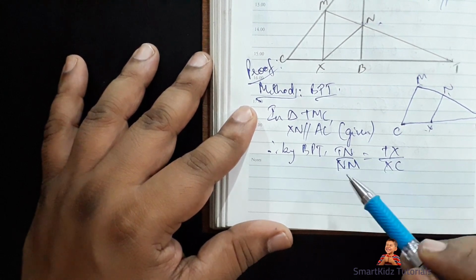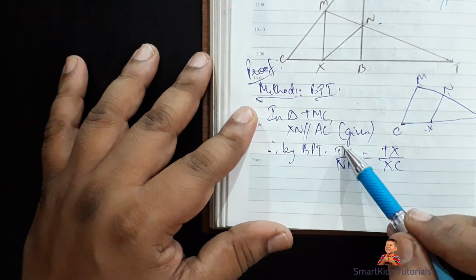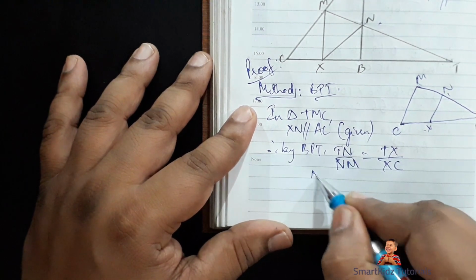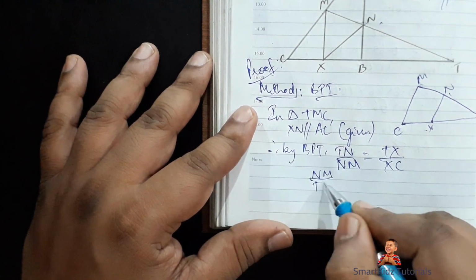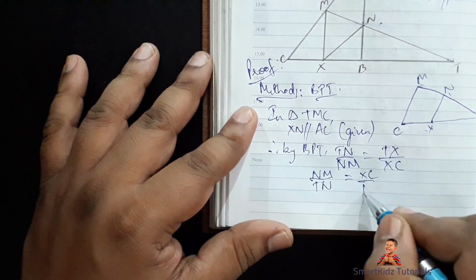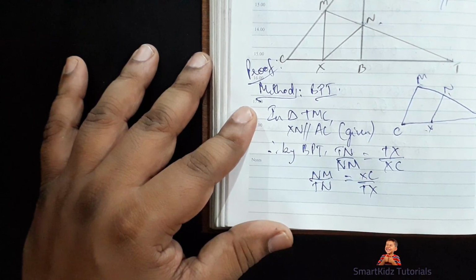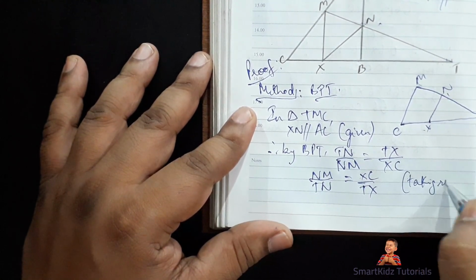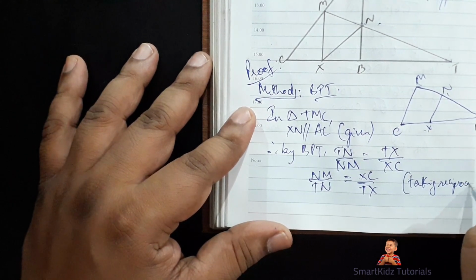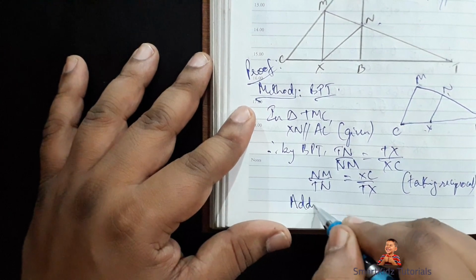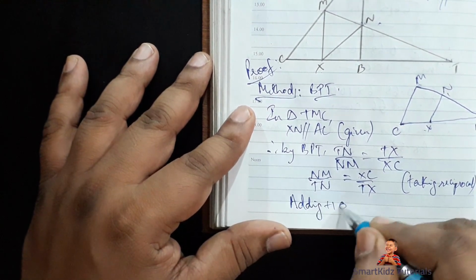When we take reciprocal, the denominator becomes the numerator, and the numerator goes down to become the denominator. So I'm going to put NM on top, bring TN down. Same thing on the right hand side: take XC on top, bring TX down. So you can say taking reciprocal. Then adding plus 1 on both sides.